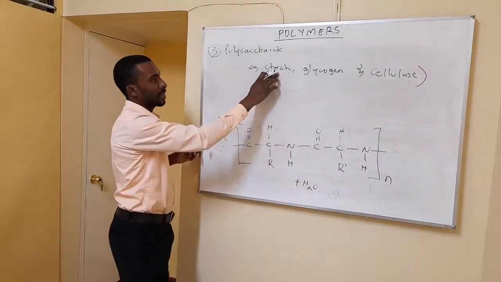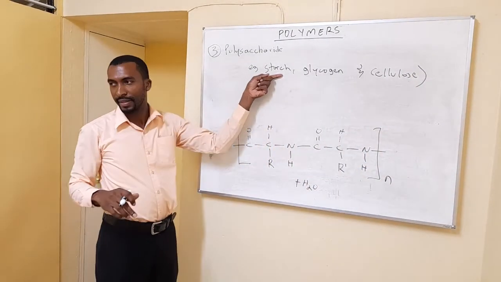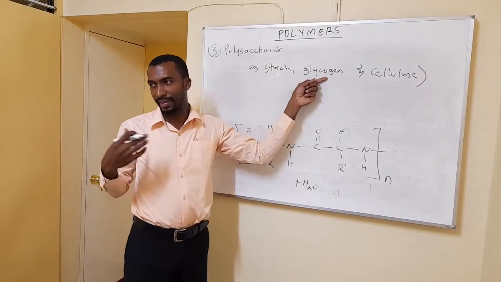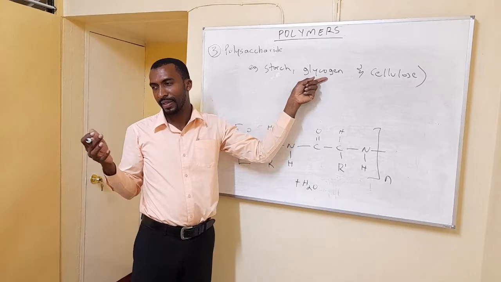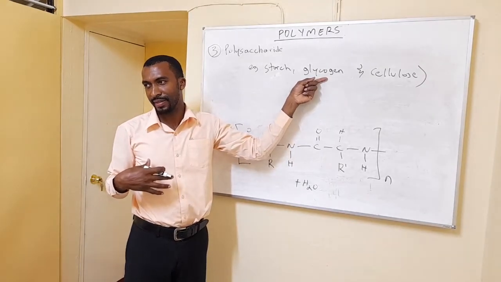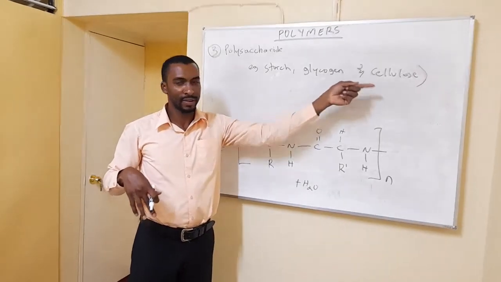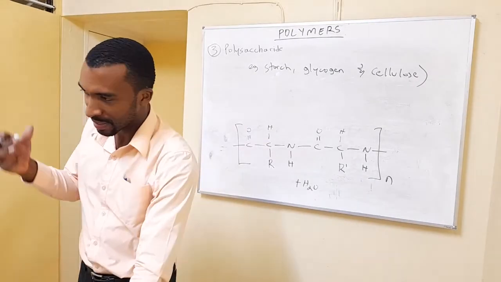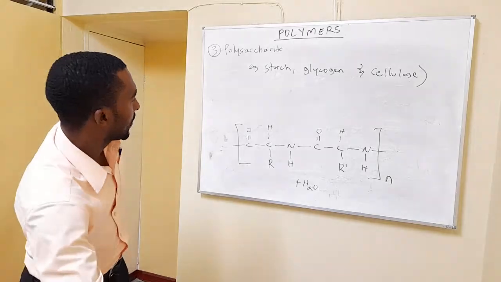Starch, as we know, we find in ground provisions. Glycogen is the polysaccharide found in humans for storage, like in the liver. And cellulose is found in plants as well, for the cell wall. Good. Alright.